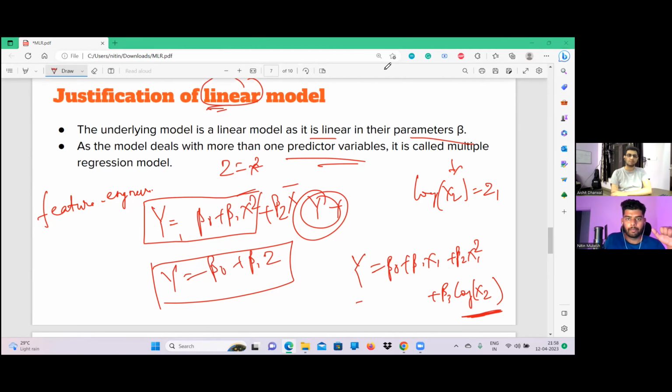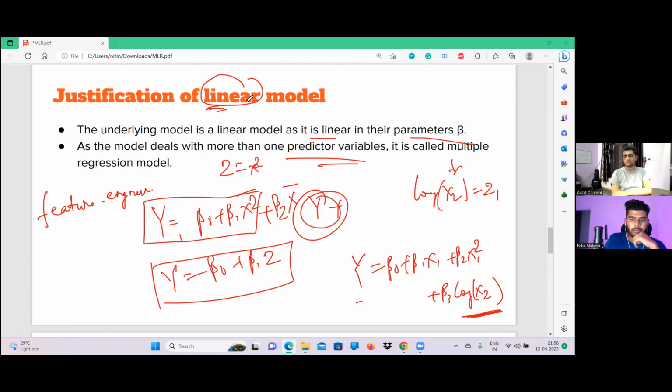Also, sometimes people may get confused when they see x square, and they might think that this is not linear regression, because when we studied maths in high school, we studied quadratic equations. Whenever we studied a parabola, let's say y equals a x square, they called it a quadratic equation, but that is in x. There, a is a constant that is already known, and x is the variable.